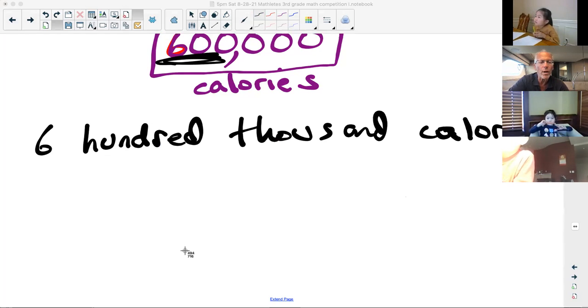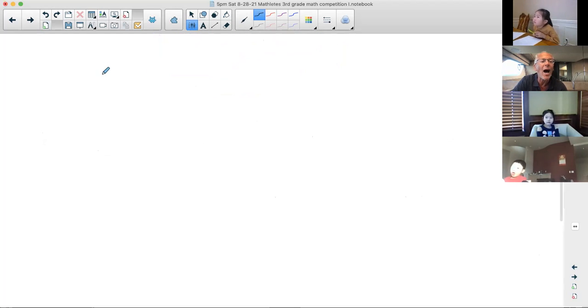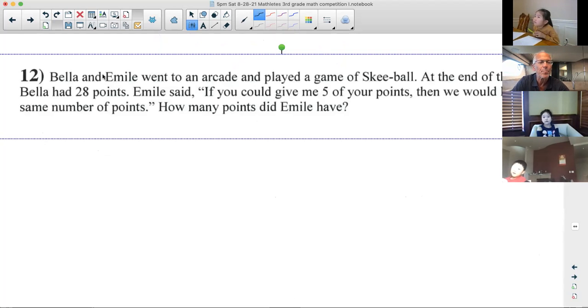Okay, we're gonna do the next challenge. And I love the next challenge because it has to do with a game. And I love games. So Bella and Emil went to an arcade and they played a game of skee ball.